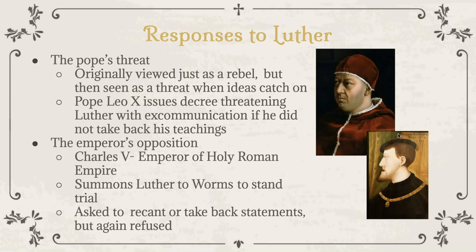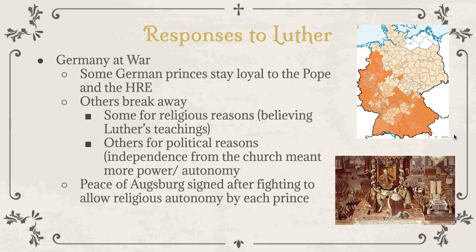And he summons Luther to Worms, okay, to stand trial. And again, is looking to get to the basis of Luther's ideology and to try to get him to take it back. He asks Luther to recant these statements, or again, to take those statements back, but again, Luther refuses. So not only is he in trouble, but he is also excommunicated from the church.